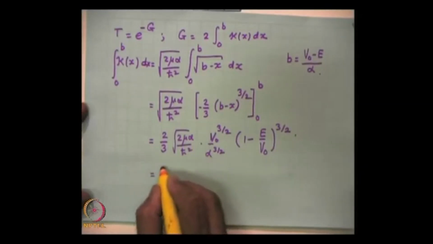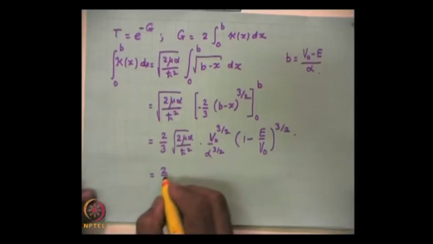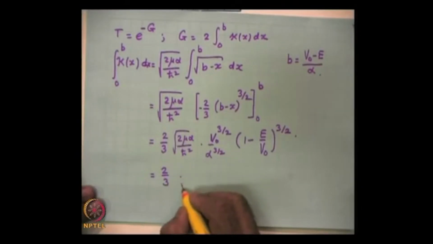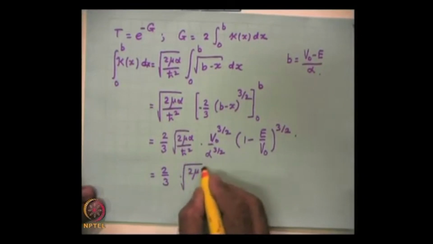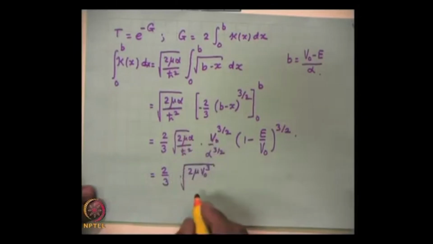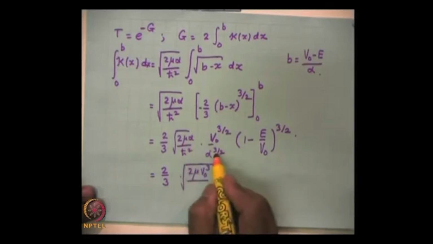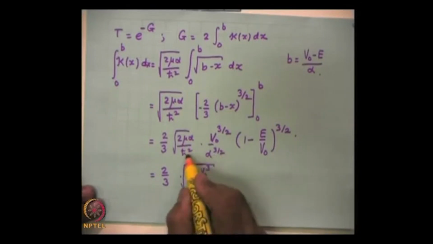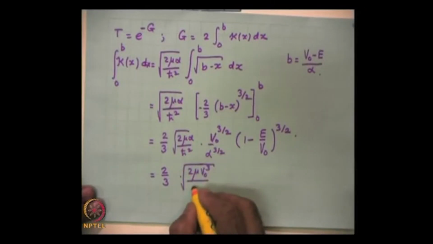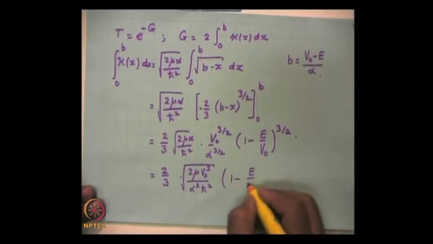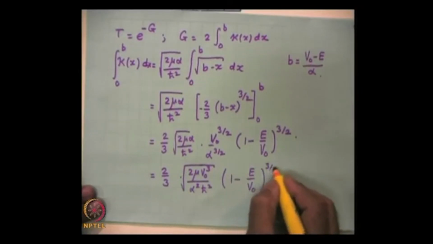So, this becomes 2 by 3 under root of 2 mu V0 cubed, because if I take it inside the root, this is alpha to the power of half, and this is alpha to the power of 3 by 2, so it is alpha cubed under the root. So, this is alpha square h cross square multiplied by 1 minus E by V0 raised to the power of 3 by 2.